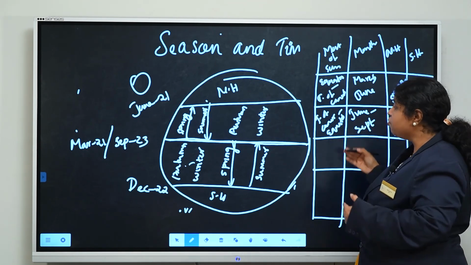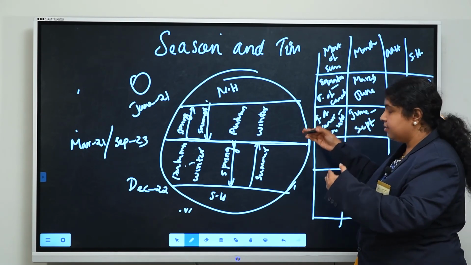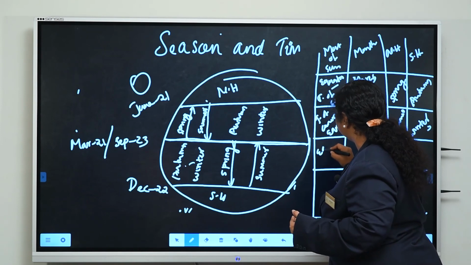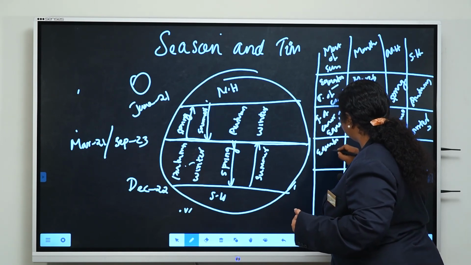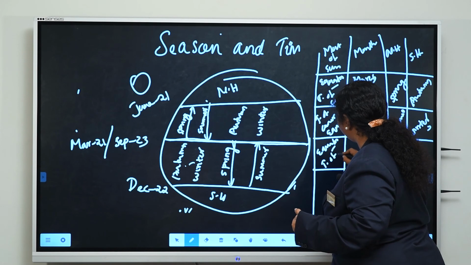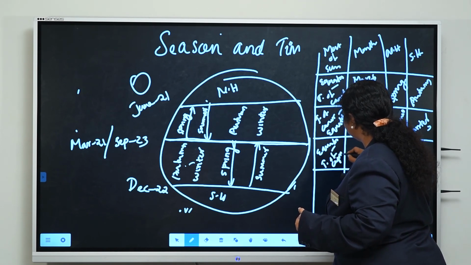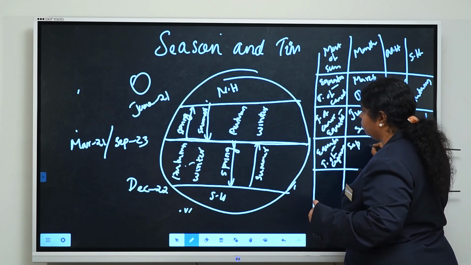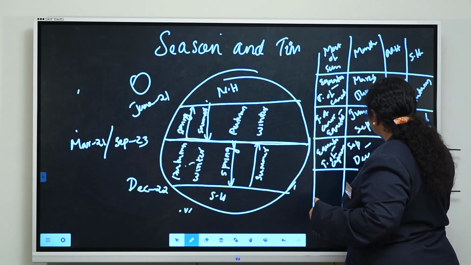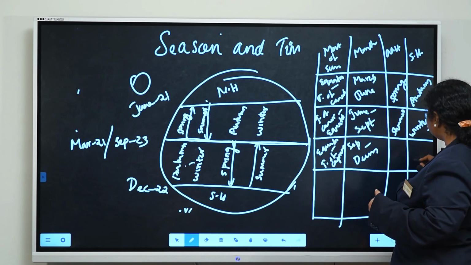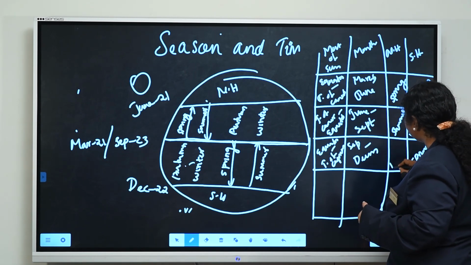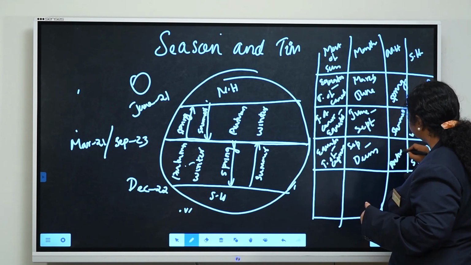Okay. The next movement of the sun towards the southern hemisphere, that is from the equator to the Tropic of Capricorn, and it is from September to December. During this time the southern hemisphere experiences spring and the northern hemisphere experiences autumn.